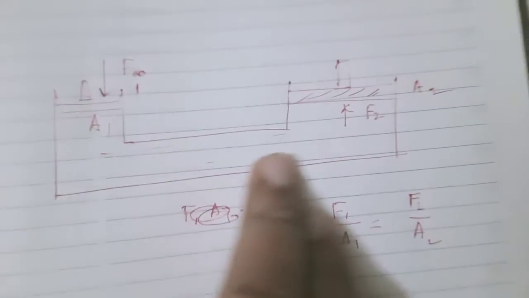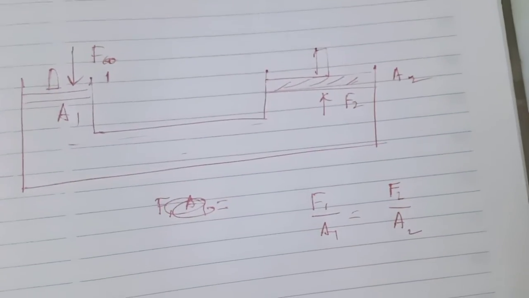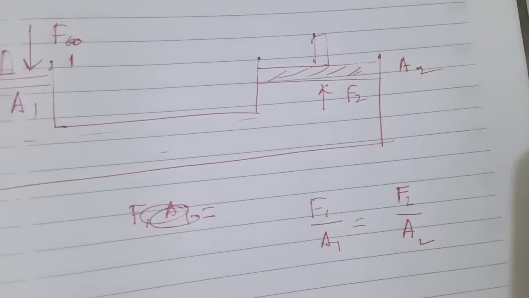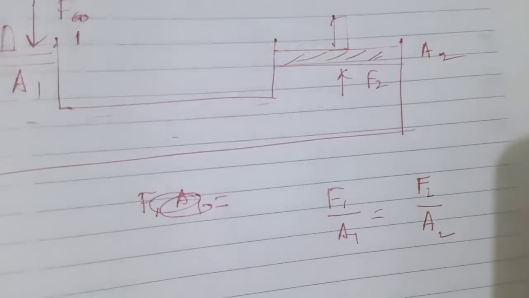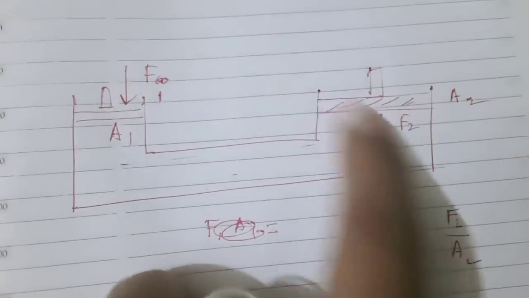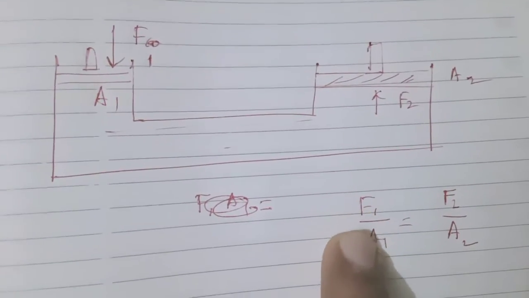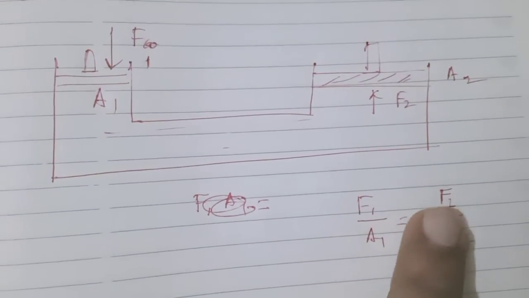The pressure here is F1 by A1, and it is the same here from Pascal's law, equal to F2 by A2. So F1 by A1 is equal to F2 by A2. This is a smaller piston and this is a piston of bigger area. So if this ratio is the same, it must be considered that the force has been multiplied.